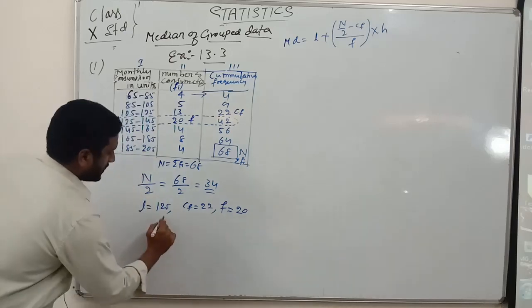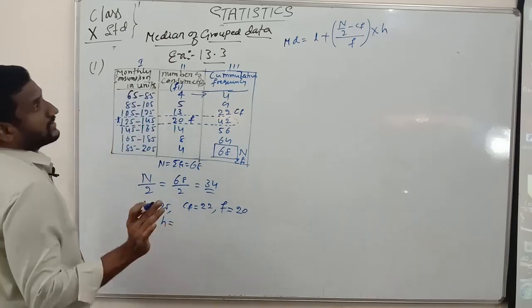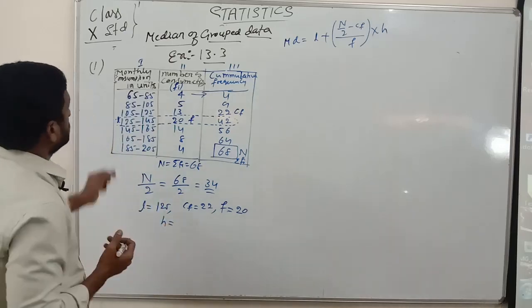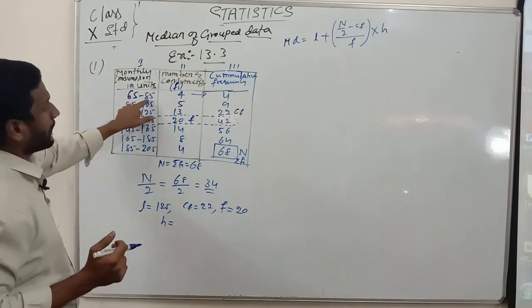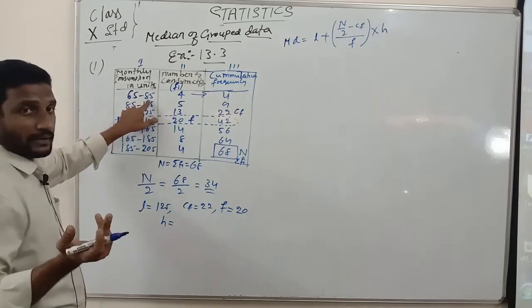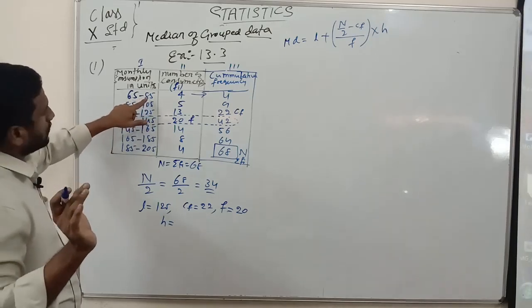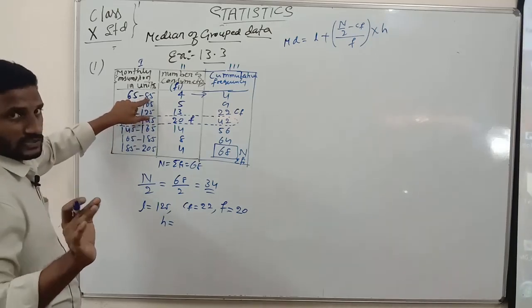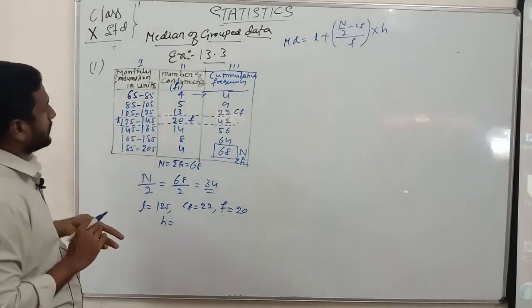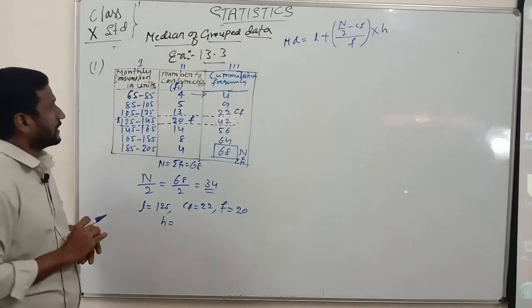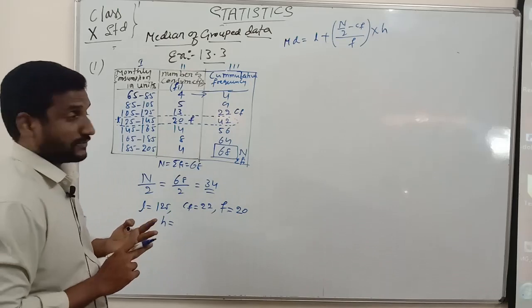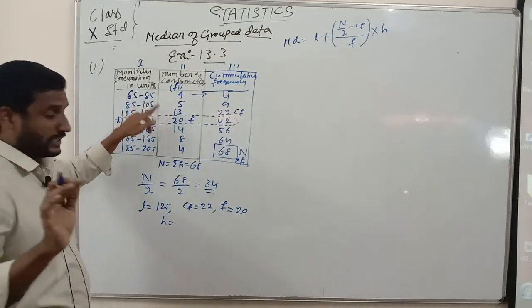Okay, what is H here? H is the class size or class width. I already told you, if it is overlapping or exclusive, 85 you can leave out. So subtract one number and take it here. 65 to 85 means how many are there? That is 20. 65 to 84 only count here.